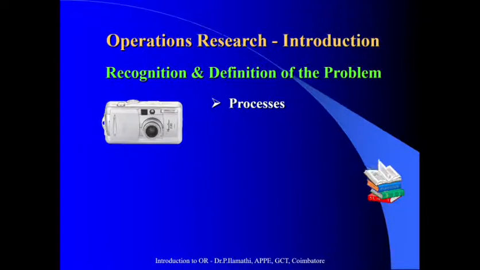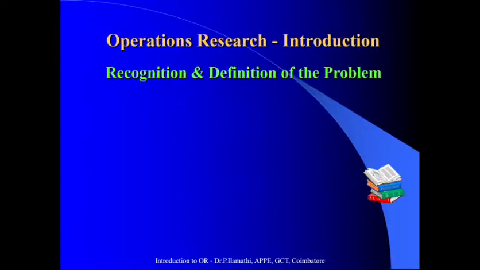We have to convert that into mathematical models. Then we have to find out the solution. So in this syllabus we involve only the second phase, third phase and fourth phase. In some cases directly the mathematical models will be given. We have to find out the solution by applying suitable solution procedure. That is what we are going to study in this entire operations research technique syllabus.